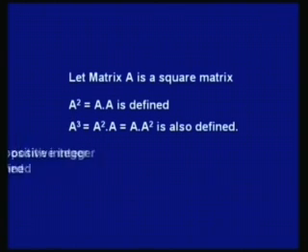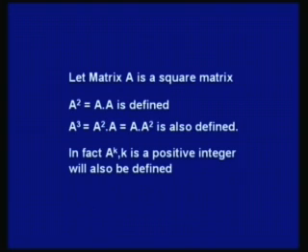And in general, A^k, the kth power of A, where k happens to be any positive integer, will also be defined. But this is true only for square matrices. For other matrices, this is not possible. We have finally defined A^k as the product of the square matrix A multiplied k times.